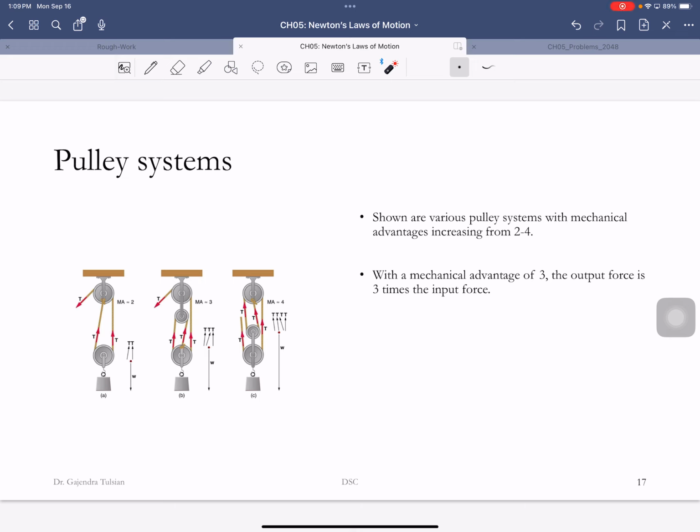This has a mechanical advantage of 4 if you're pulling it up this way: 1, 2, 3, 4. You can lift a 100-pound object with a 25-pound force.